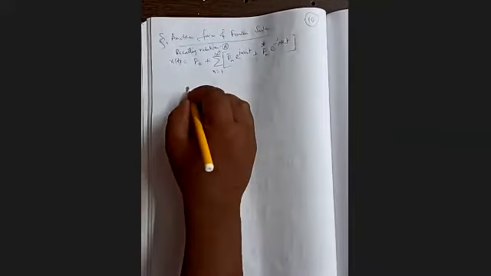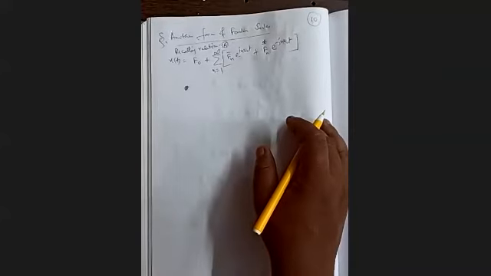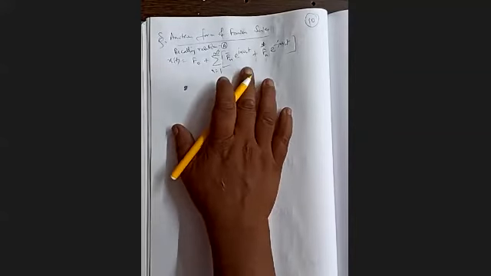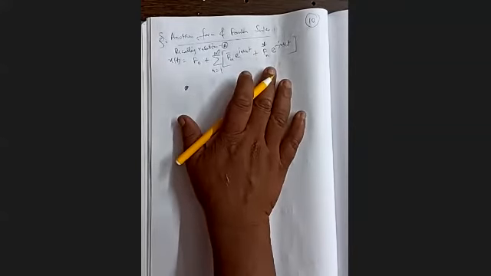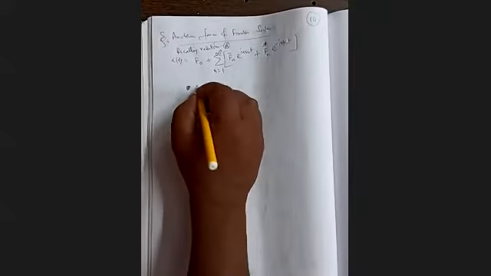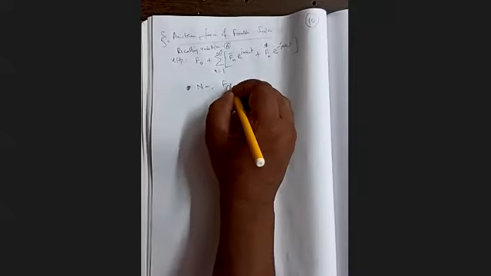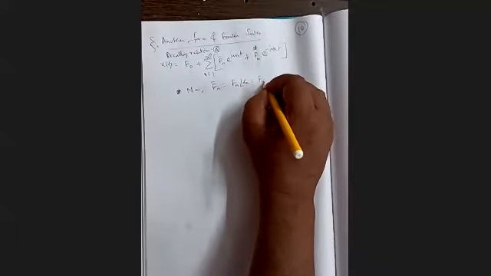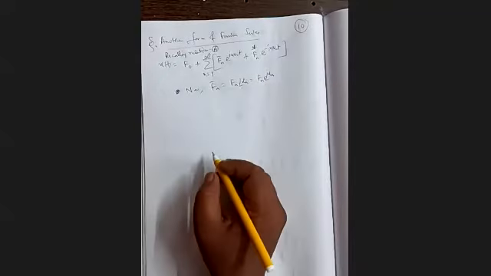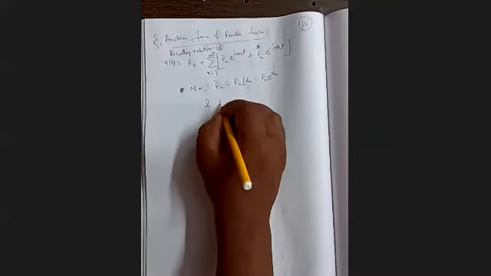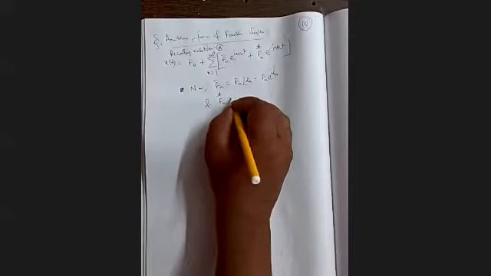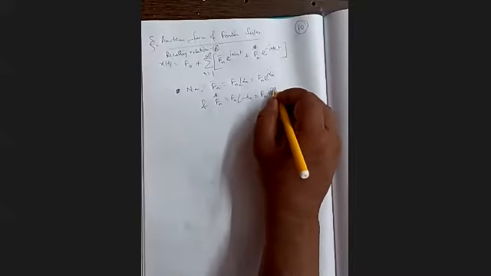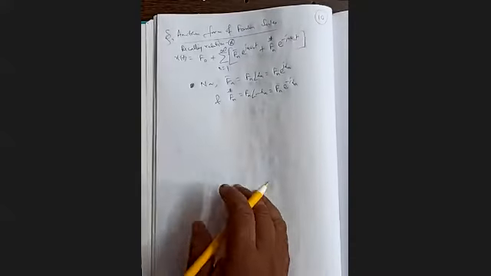Now we can put the value of Fn bar and Fn bar star here. So I write now Fn bar equal to Fn angle alpha n, or Fn e to the power j alpha n, and Fn bar star is Fn angle minus alpha n, that is the complex conjugate that you already know.